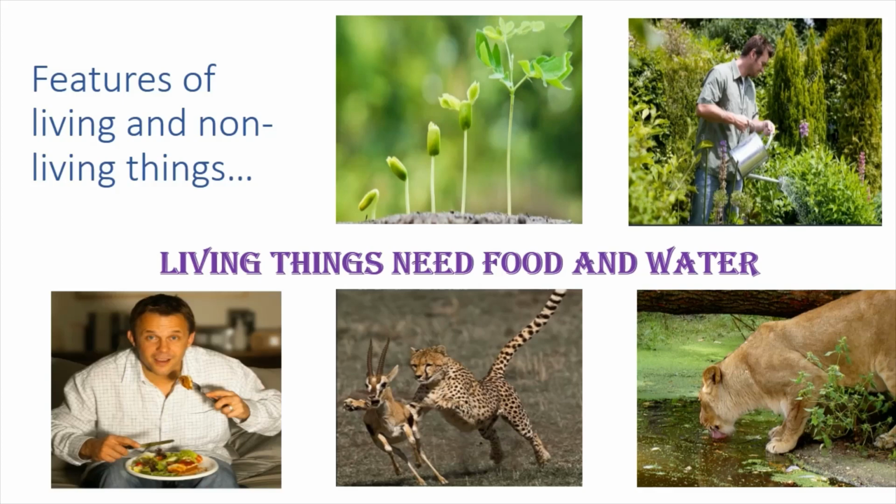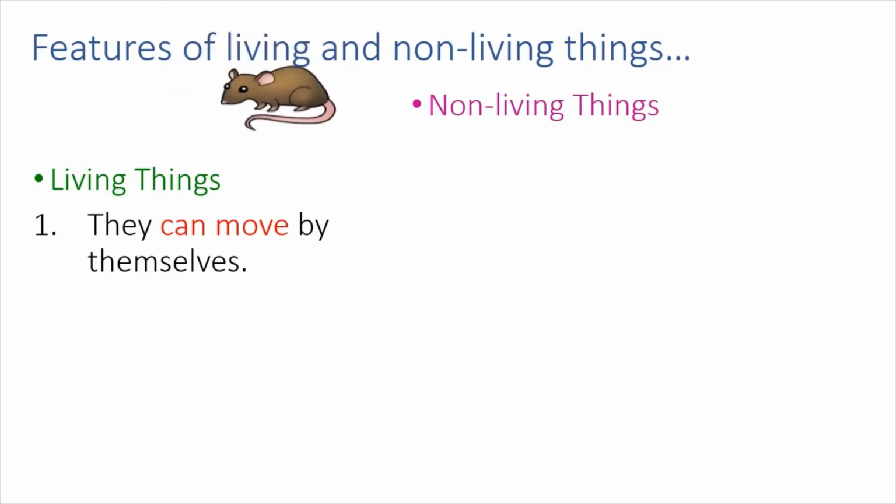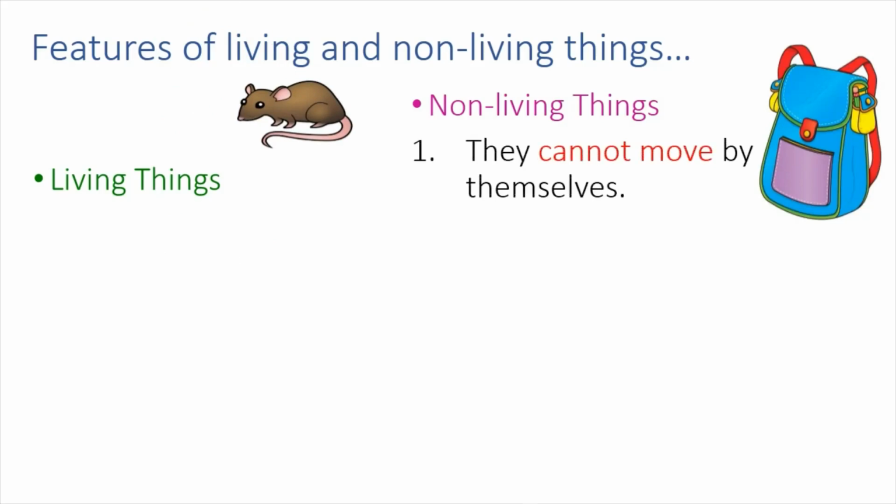So now we have learned two features. First one, living things can move by themselves. The example was a rat. Whereas the non-living things cannot move by themselves.